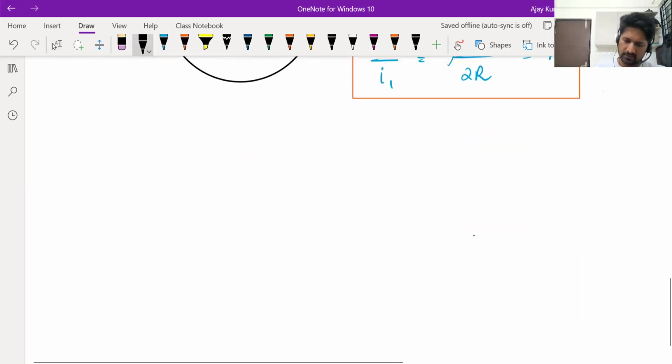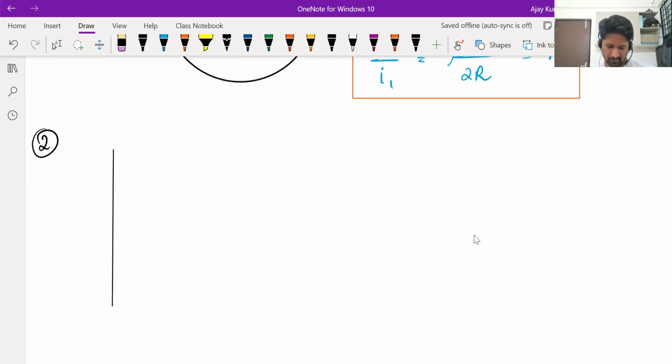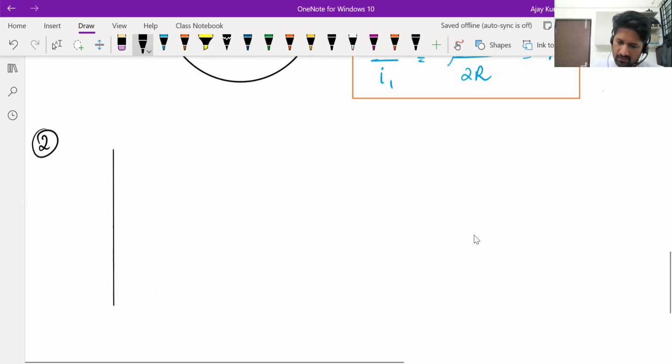Let's consider another system. First, any of you tell me, what is the magnetic field produced by a finite straight current carrying wire at a perpendicular distance of x from it?